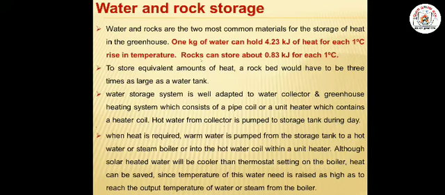Water and rocks are the two most common materials for storage of heat in the greenhouse. 1 kilogram of water can hold 4.23 kilojoules of heat for each 1 degree centigrade rise in temperature, whereas rock can store about 0.83 kilojoule for each rise of 1 degree centigrade.